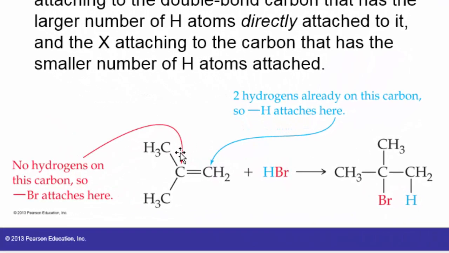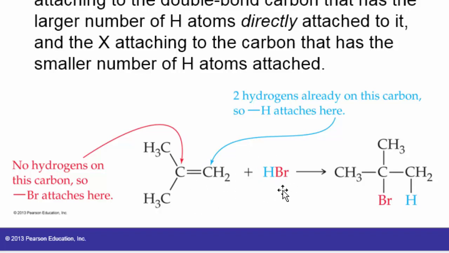Now, in the addition of HX, like HBr, to an alkene, the major product arises from the hydrogen attaching to the double bond carbon that has the larger number of hydrogen atoms.